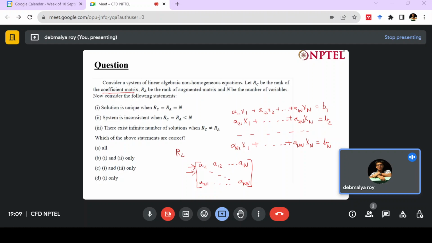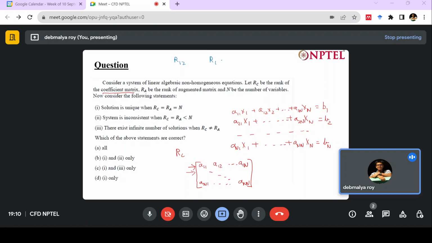What is the other way we can find the rank of a matrix? It is by performing row operations. There are different kinds of row operations that can be performed, which we had discussed in the previous session as well. One thing we can do is interchange two rows, like the first row and second row. We can call that operation R12.